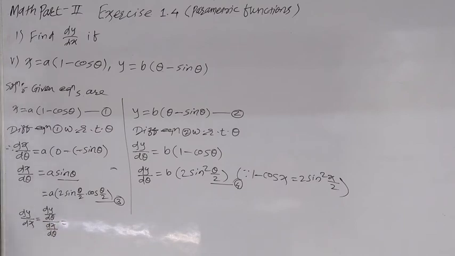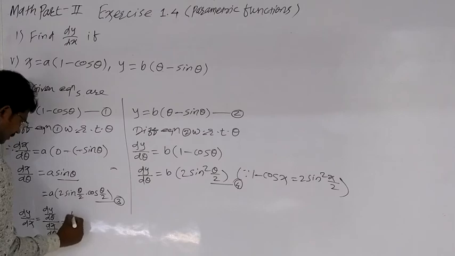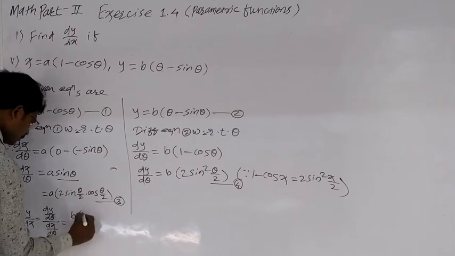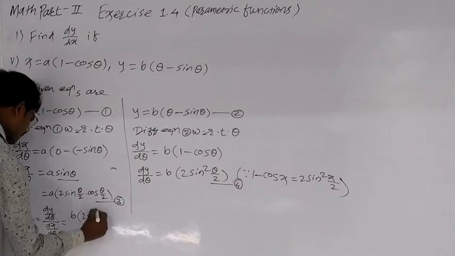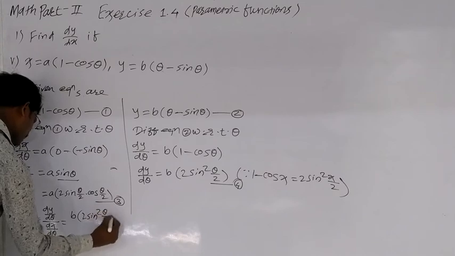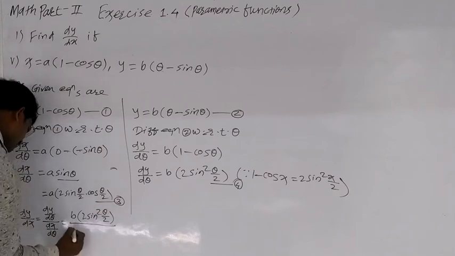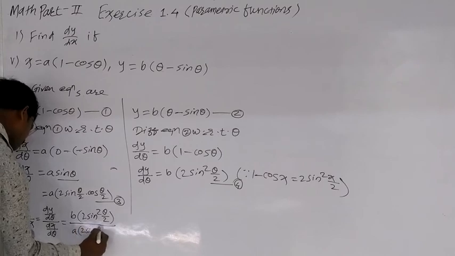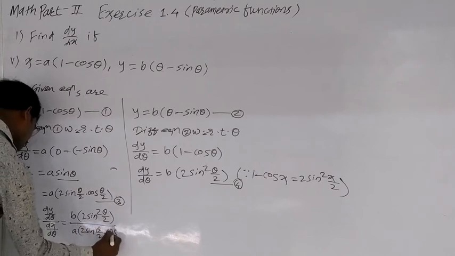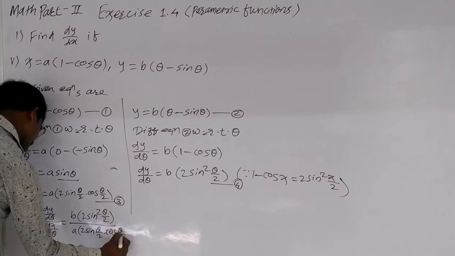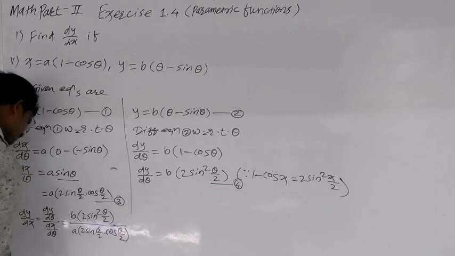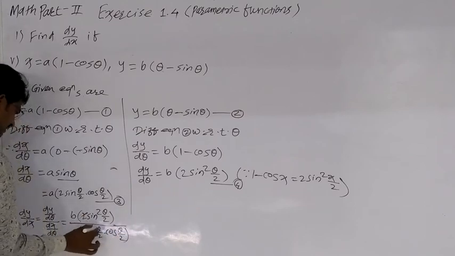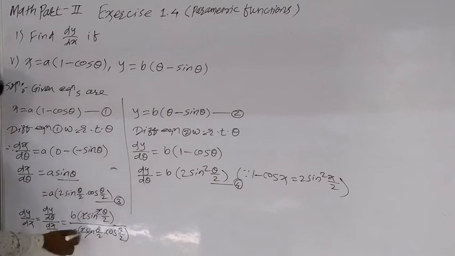Now from equation 3 and 4 we can put values: b into 2 sin square theta by 2 upon a into 2 sin theta by 2 into cos theta by 2. Now these two get cancelled, sin theta by 2 and the square get cancelled.